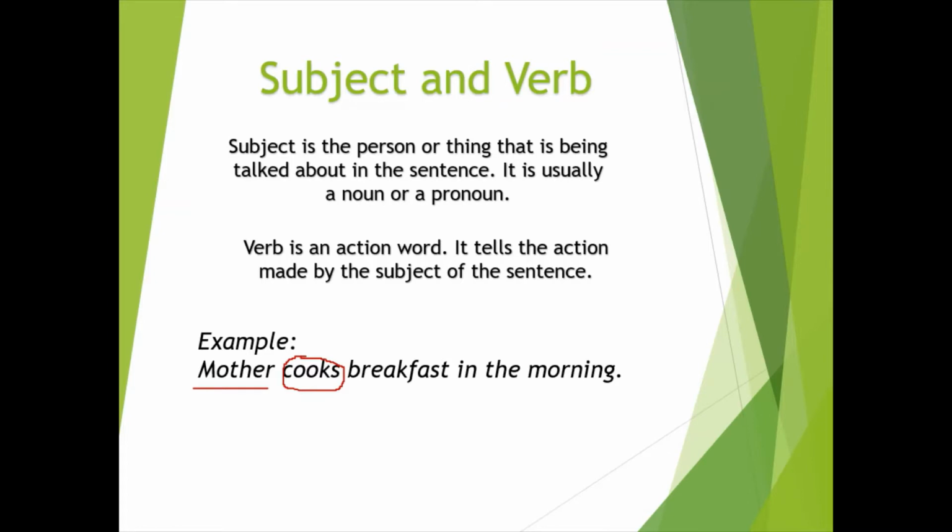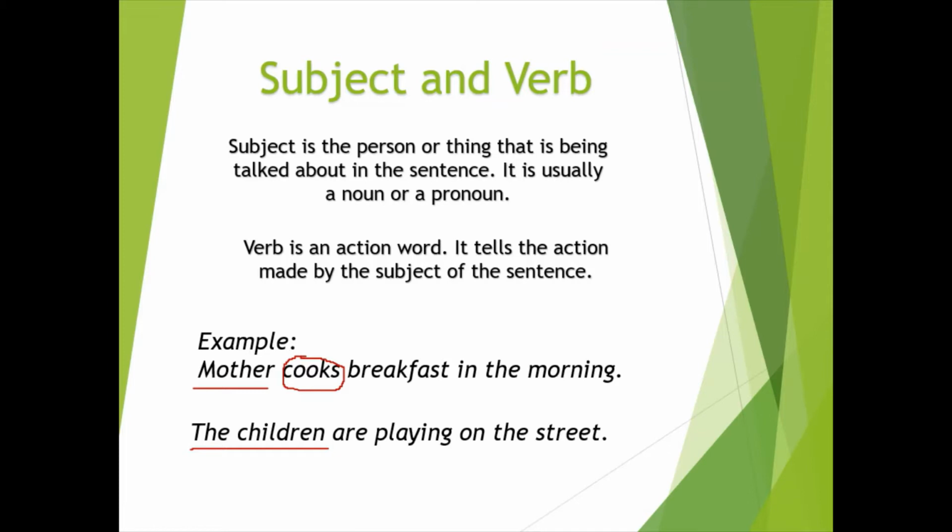Here is another example. The children are playing on the street. In the sentence, who are playing on the street? Again, you're right, the children. So the children is the subject in the sentence.